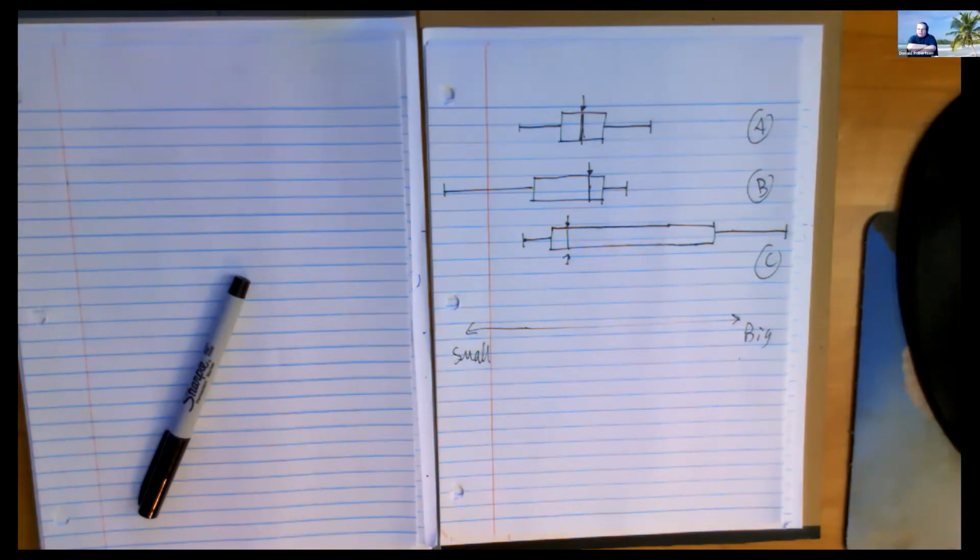Which one would be skewed right? C. And obviously the last question would have been what's going to be skewed left, and it would be B. So we can compare, we can contrast, we can look at how one has a larger average than the others, how one has more spread than the others.